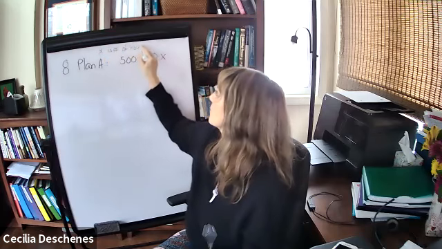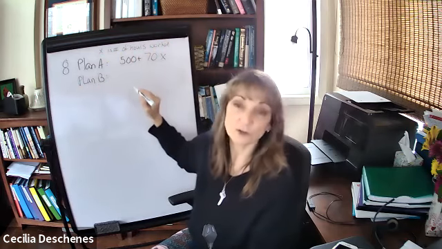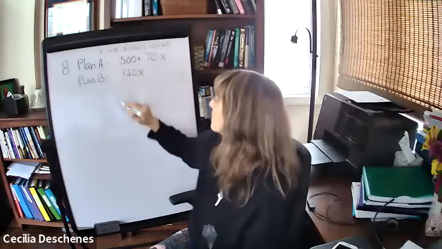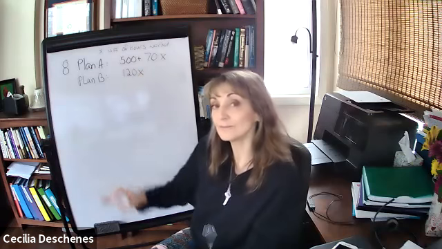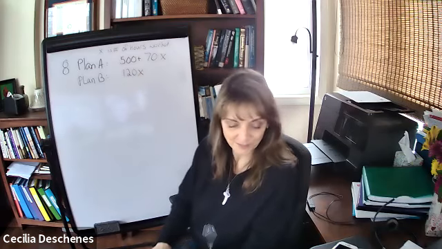So with Plan A, you would get $500 plus 70 times the number of hours worked. And Plan B is straight up $120 per hour. So that's 120 times X. However many hours you work, you get 120 for each one of those hours. I'd say that's a pretty good salary.